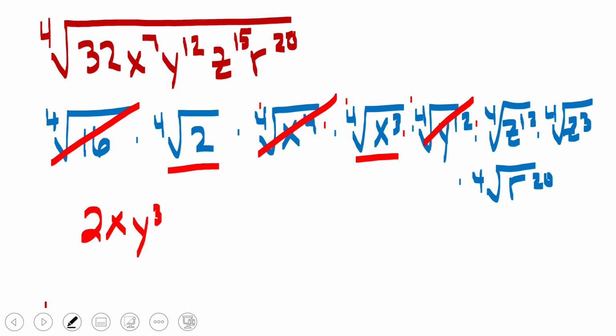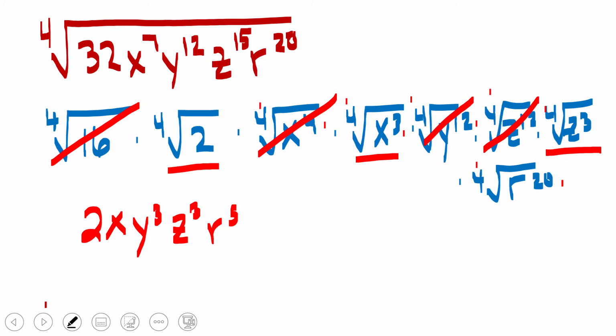Address that one. 12 divided by 4 is z to the third. So we address that. We're going to leave this one alone, and 20 divided by 4 is r to the 5th.